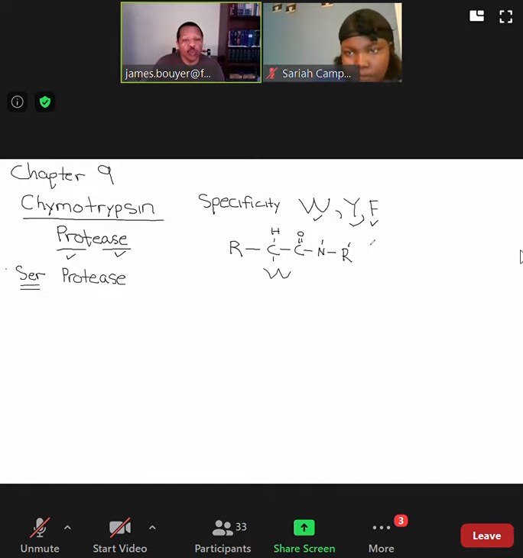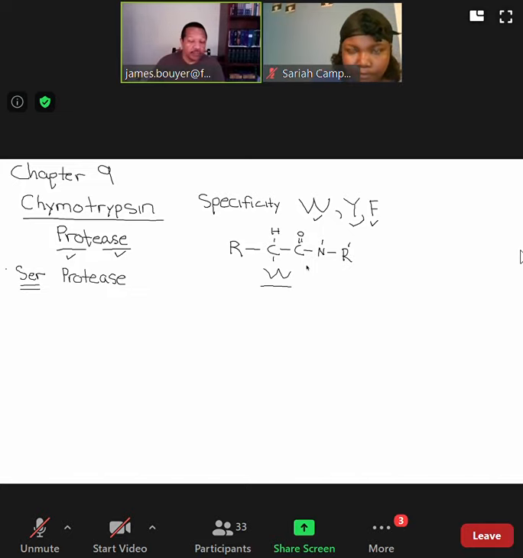Now, what we want to focus on is the amino acid that's recognized, which is this. And I'm using R and R prime just for shorthand purposes so that we can focus on either the tryptophan, or this could be tyrosine, or this could be phenylalanine. Because we're going to need to abbreviate this in order to do the mechanism.